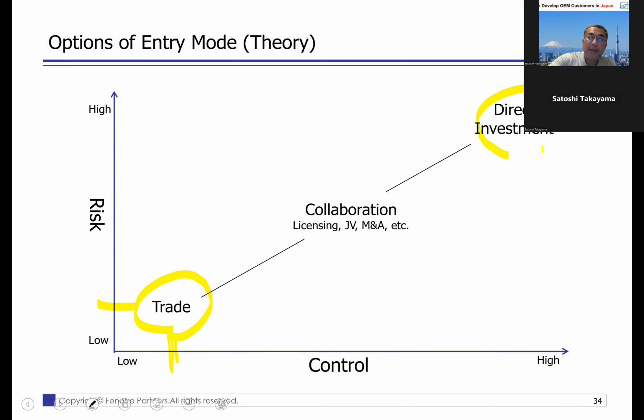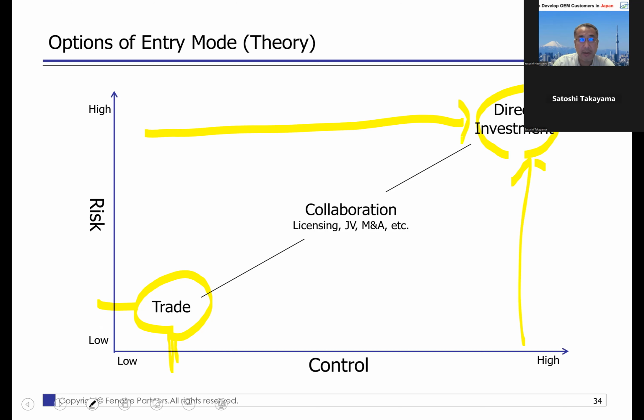On the opposite side, direct investment. Of course, if you set up your own office in Japan, you can control everything. However, the risk is high. If you set up your own office in Japan and hire a bilingual manager and some sales staff and an assistant, you are probably required to pay at least $500,000 US.